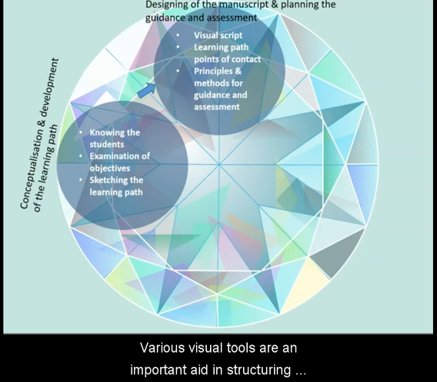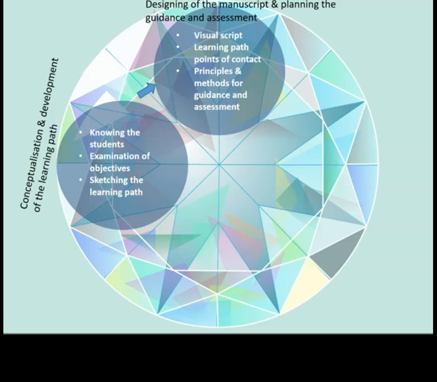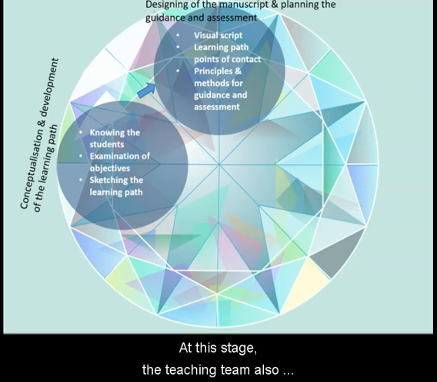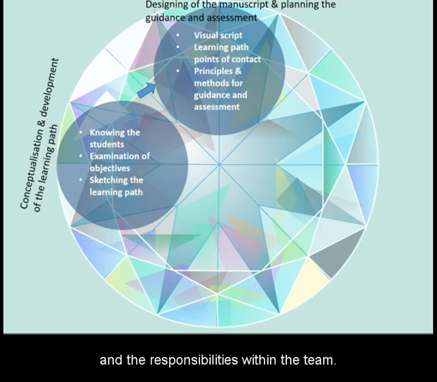Various visual tools are an important aid in structuring the learning process. These include, for example, storyboards, spreadsheets, or timelines that show the progress of the course over time. At this stage, the teaching team also agrees on the principles and methods of assessment, as well as the schedule for building the study and the responsibilities within the team.